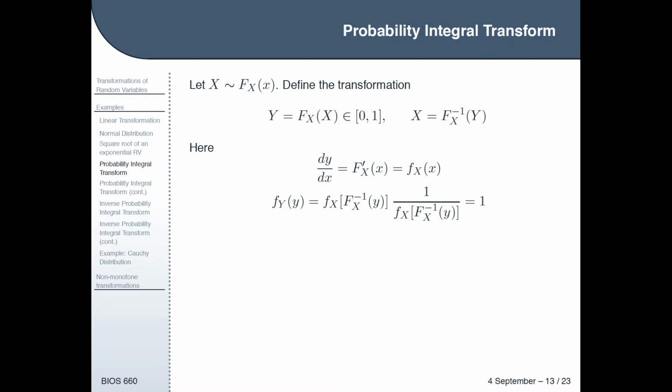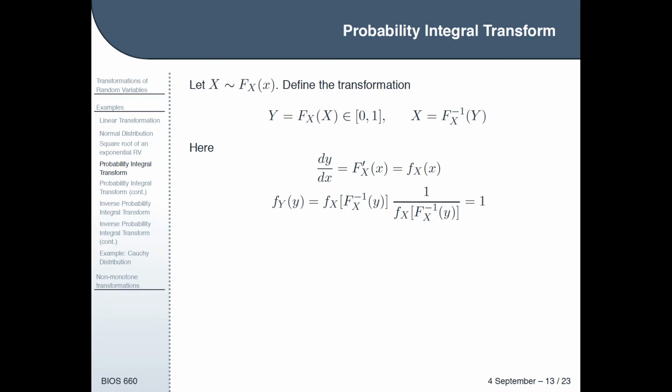So, in this case, if we take the derivative of y with respect to x, sorry, I got that backwards, that's just going to be the derivative of the CDF of the original x, which of course is just the density function for the original x.